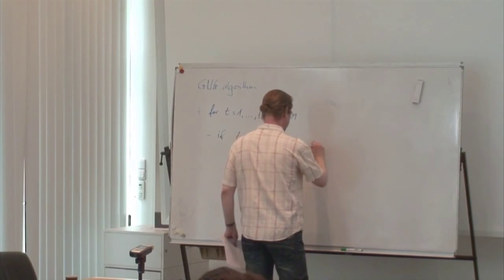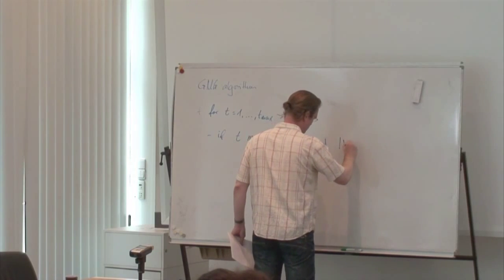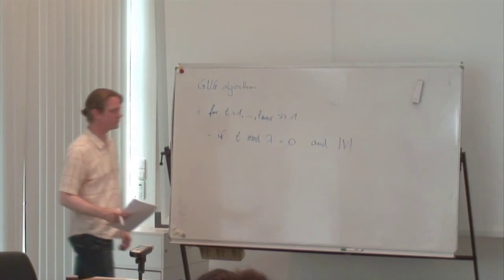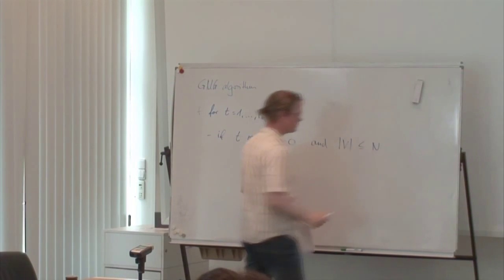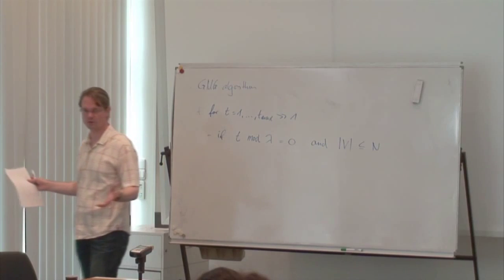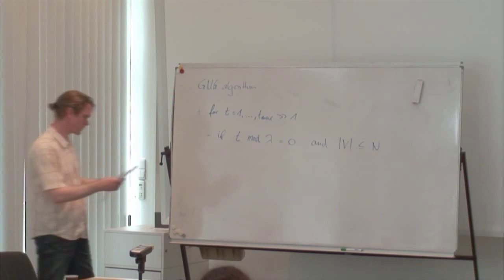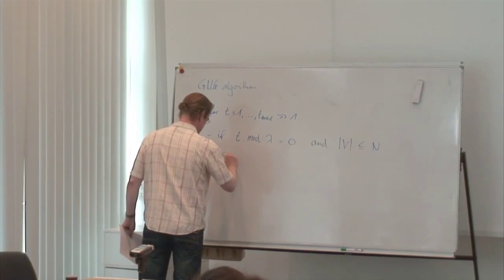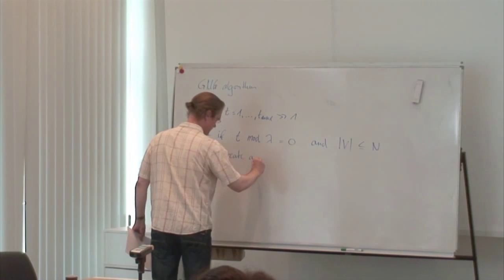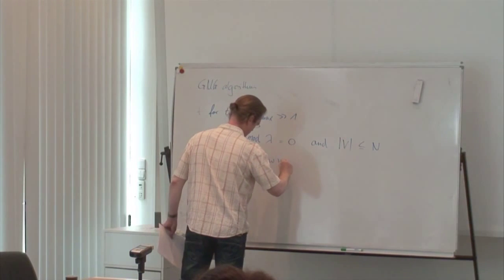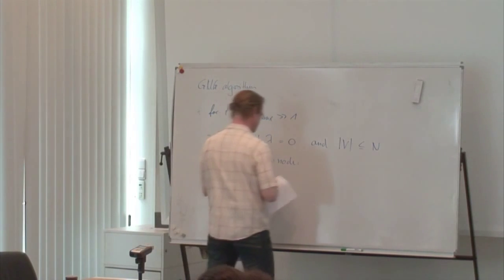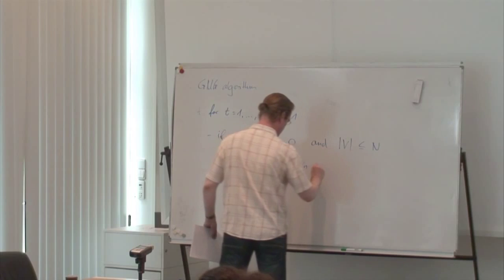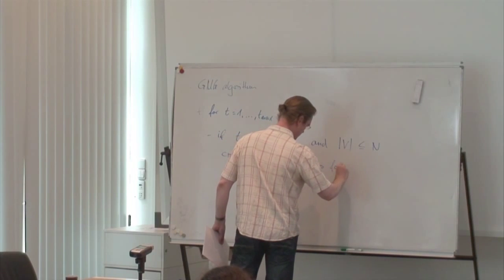And if the number of vertices in the graph so far is less than some maximum number we would allow, n, right? Then we create a new node. Create a new node. Let's call it Vn as follows.